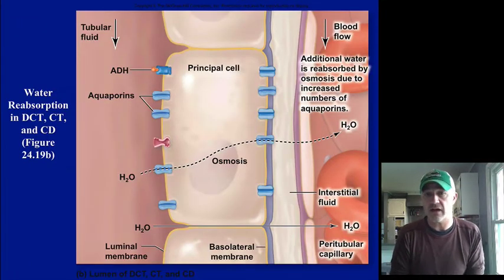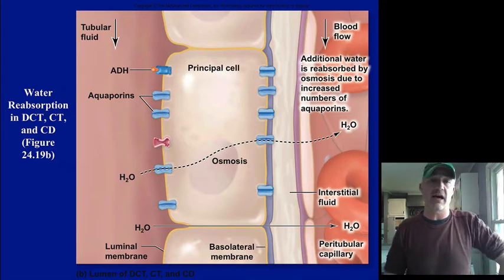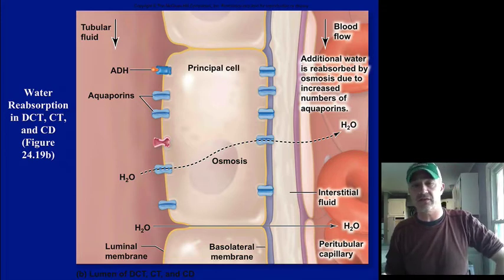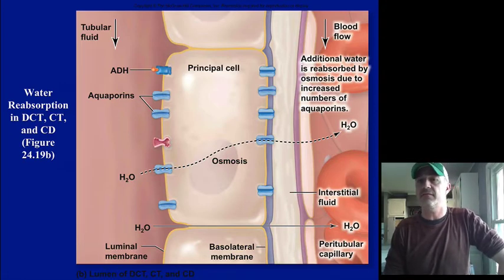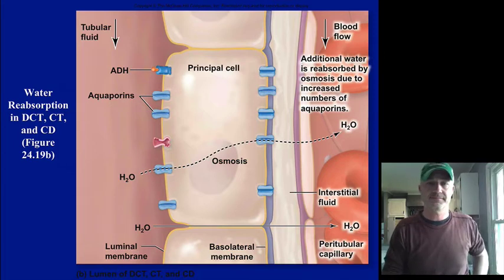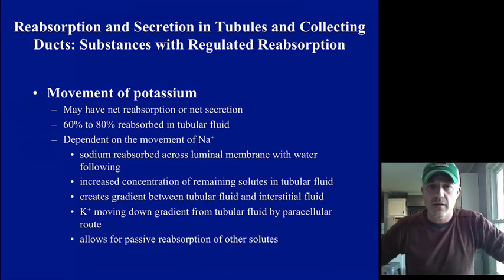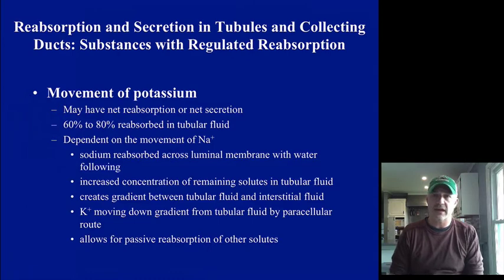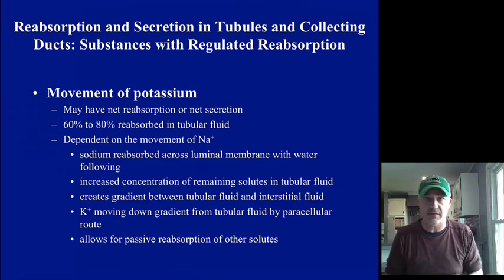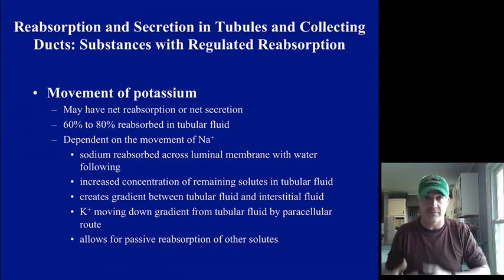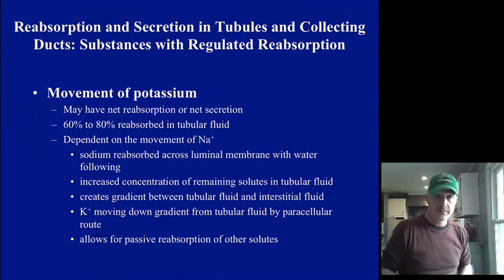This is showing you those aquaporins and the ability for water to get out of the tubular fluid and back into the bloodstream. Again, more ADH and more aldosterone is going to increase this process. Potassium can really go either way. Sodium, we reabsorb most of it. Water, like I said, and a lot of these metabolites we talked about, the vast majority is being reabsorbed.